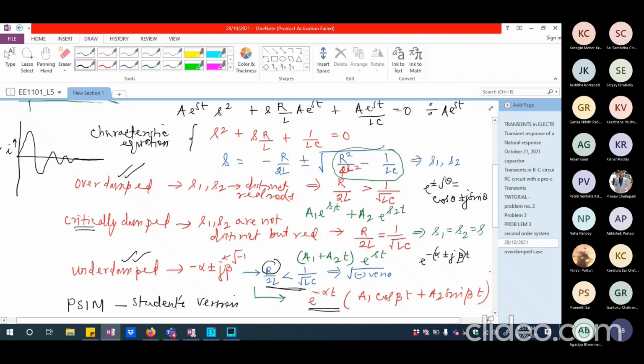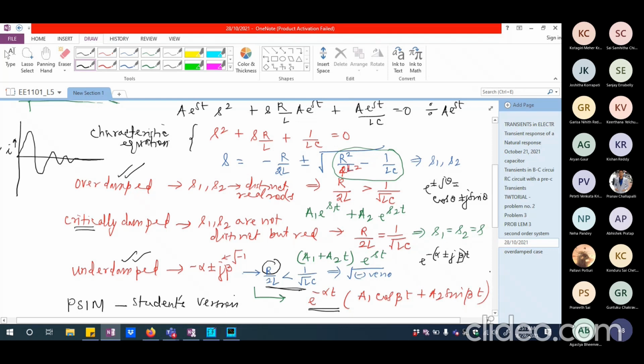Here what we have is e power plus or minus j beta. Because we have plus or minus j beta, we are writing cos beta t and sine beta t. We expanded this yesterday.